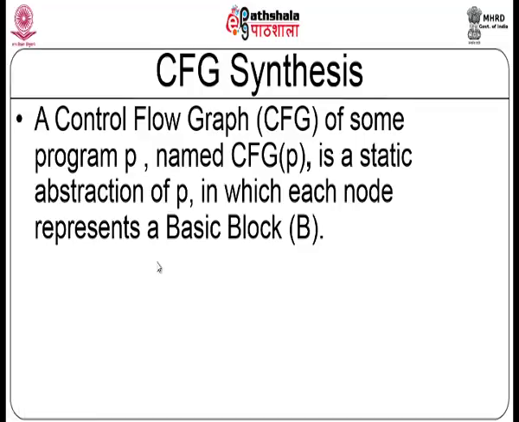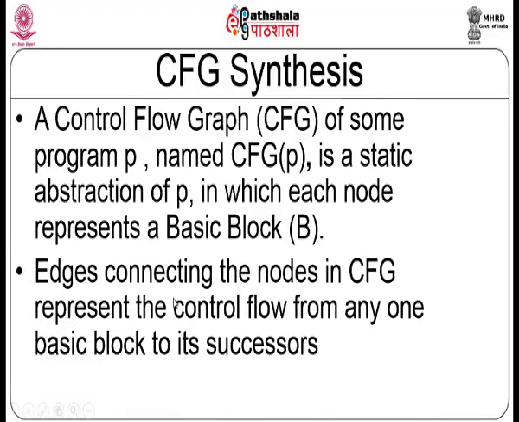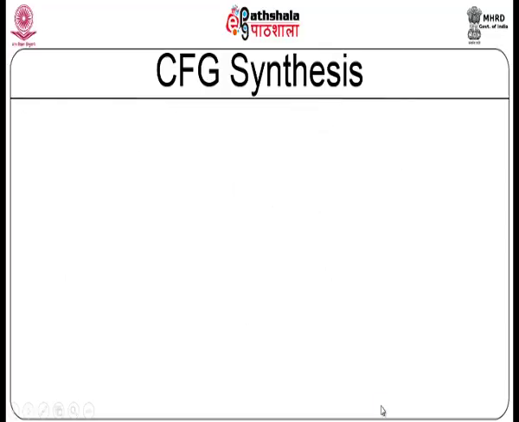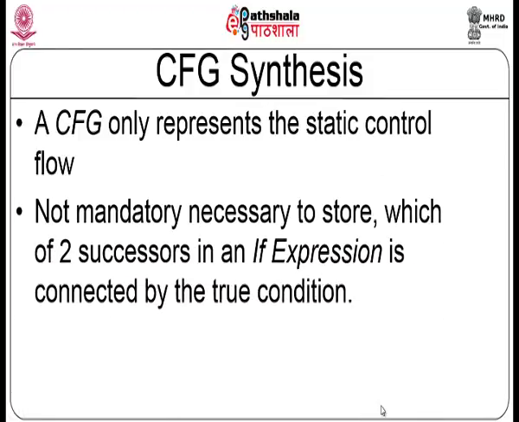This is one additional piece of information. You can have a control flow graph synthesis of some program P, named CFG of P, which is a static abstraction of P in which each node represents a basic block B, and edges connect the nodes to represent the control flow from a basic block to its successors. The CFG typically represents only static control flow, and it does not have to store which of the two successors is connected by the true condition.